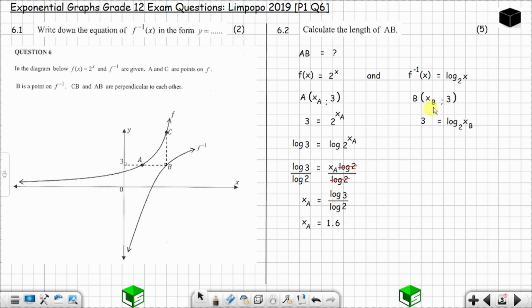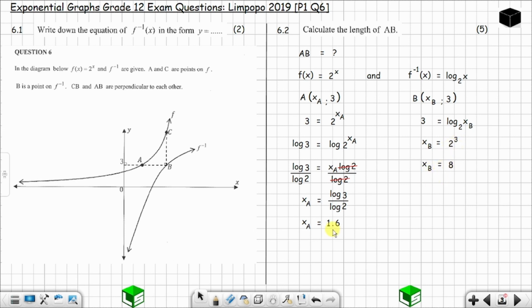You substitute x sub B there because you want to get x sub B, which is the x-coordinate of the point B. Now you can see this is your base and what you have on the other side of the log is your exponent. So x sub B is equal to the base to the power of the exponent. You can see I've written it like that. So x sub B, the x-coordinate of the point B, is equal to 8.